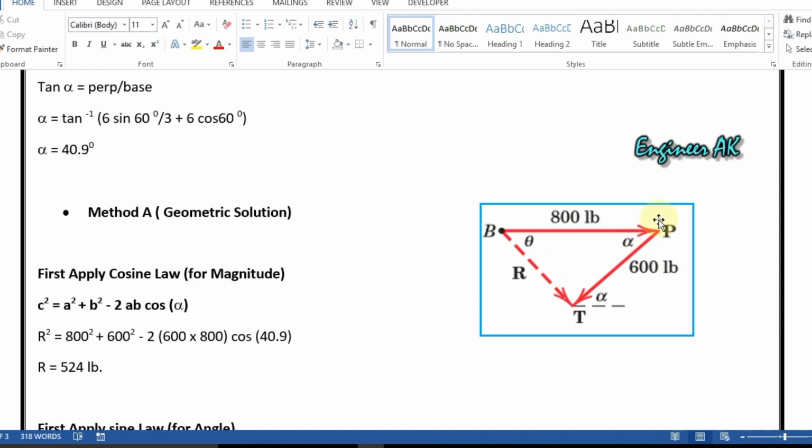I will draw this on paper according to that scale, and draw the resultant, and then with the help of a scale I will measure what the resultant is. Similarly, then we apply the sine or cosine law, and you will find this angle. So you can also find this by the graphical method.